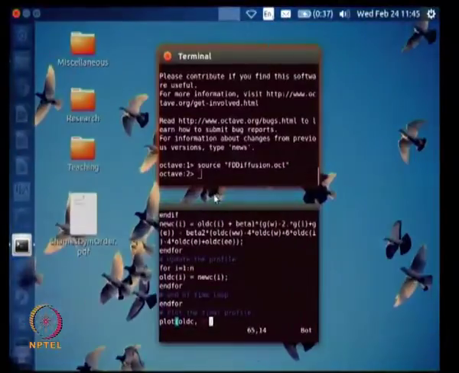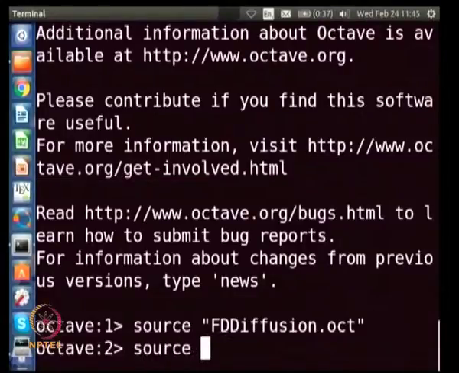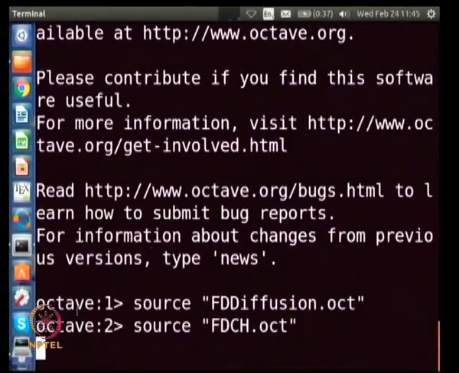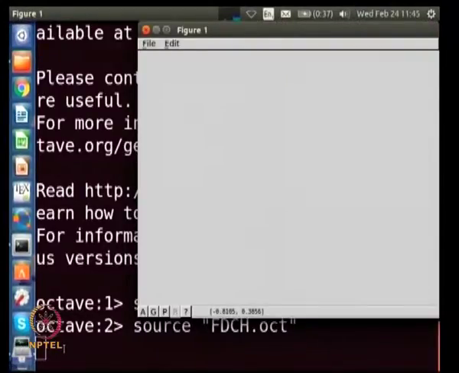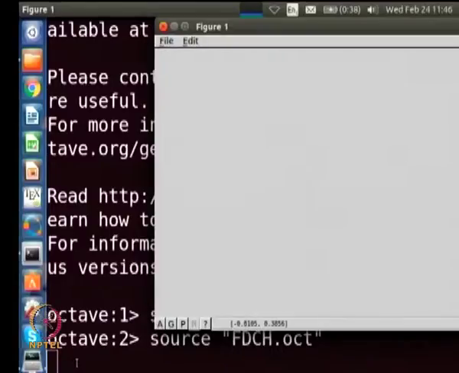Now, if we execute this part, if we source the Cahn-Hilliard file, what do we get? You will see that in this case we have put a sinusoidal wave, and we know that in the case of the Cahn-Hilliard equation, if you have a sinusoidal wave, then the part having a curvature like this should become a profile which will go to 1, and the lower portion should go to 0.